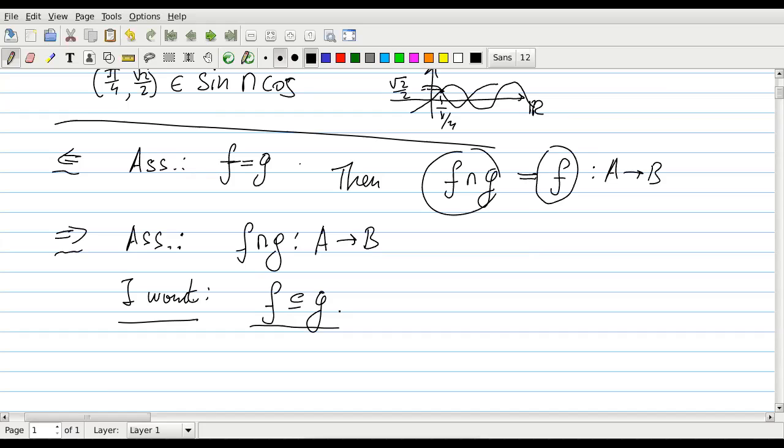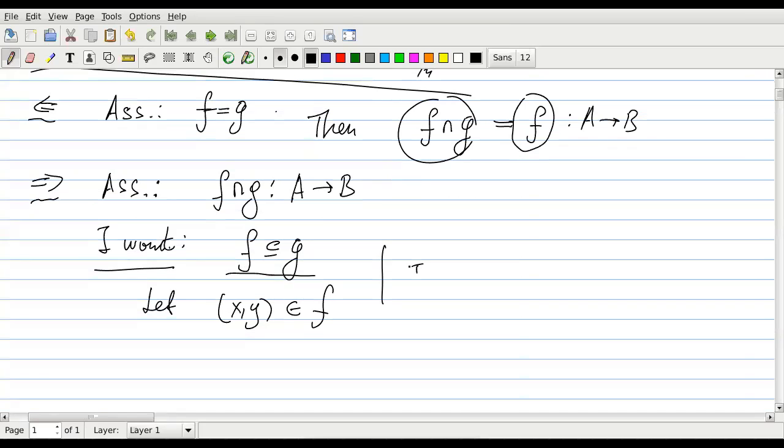So I have to consider an element from the first set. Let some pair xy be an element of f. Then I want to prove that this pair belongs to g, of course.